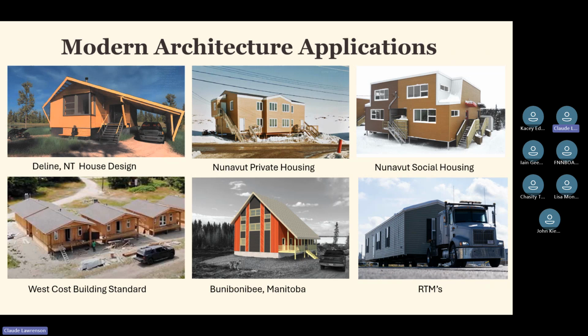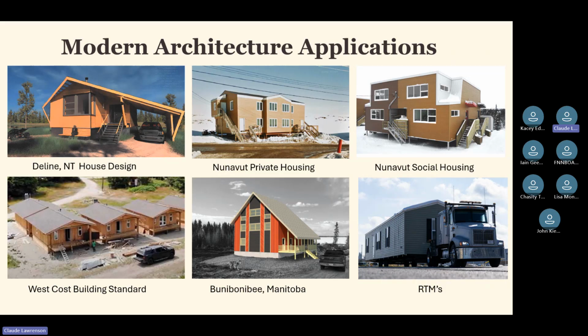The Burnaby, Manitoba, again, this is a multi-generational house. So the one in the middle, we have a first, second, and a third floor. So we have 3 different generations living in this particular house, or potentially that could be the situation. Of course, the other one is RTMs, ready to move, factory built housing.